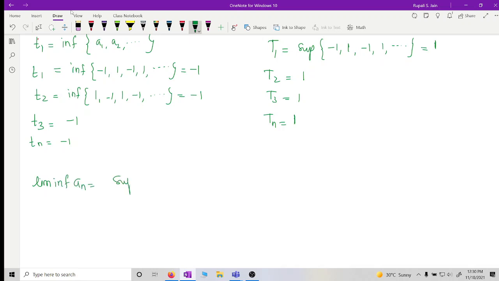It is the supremum of small tn, right? And what is limsup of a_n? For this example, capital T, infimum of capital T.